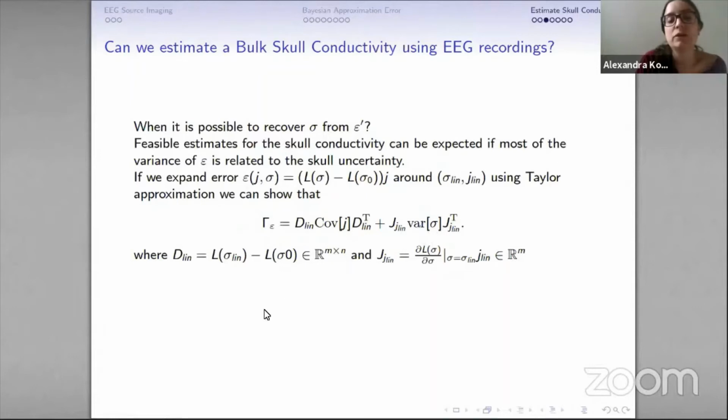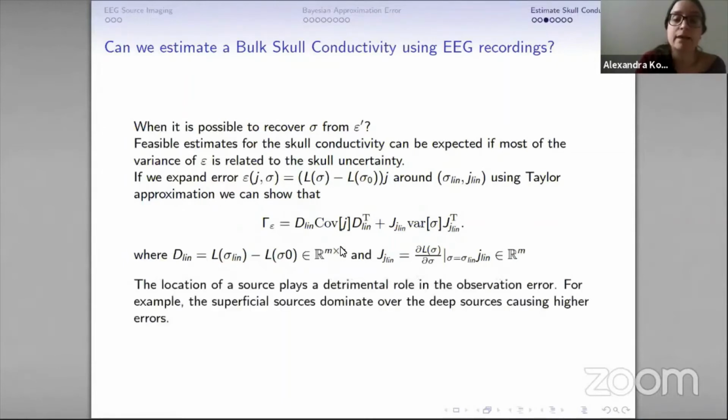But actually what we saw, especially from simulations, is that the covariance of the approximation error depends really strongly on the sources. And that was a little bit disappointing at that point, because we felt it doesn't have enough information to recover the skull conductivity.